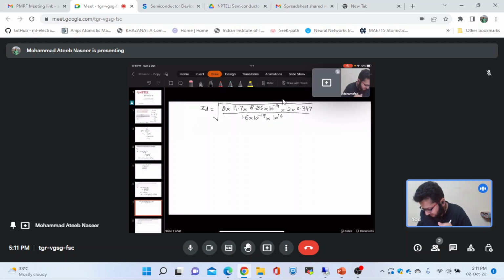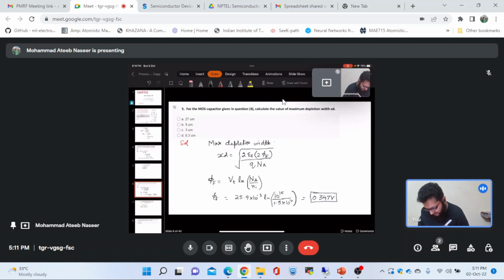So it will come out to be equal to 3 into 10 raised to the power minus 7, approximately centimeters. So this xd, if I convert it into micrometer, will simply be equal to 0.3 micrometer. Now let us check the options and we will see that option D is clearly matching our results. So we will go with option D.